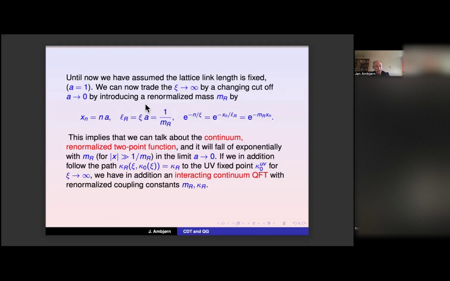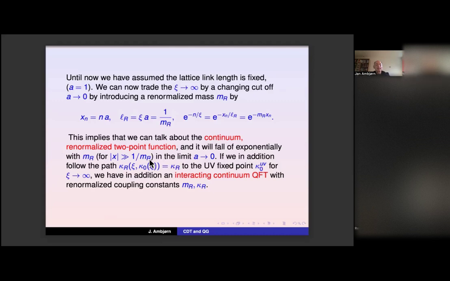If you do it in this organized way, and you can of course choose other ways to do it, then you see that the exponential fall off of the lattice function survives in the continuum limit. This implies that we can find a continuum renormalized two-point function, which falls off exponentially, exactly when the lattice spacing goes to 0.